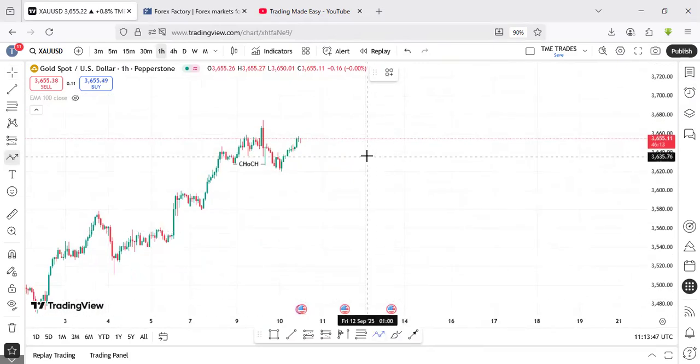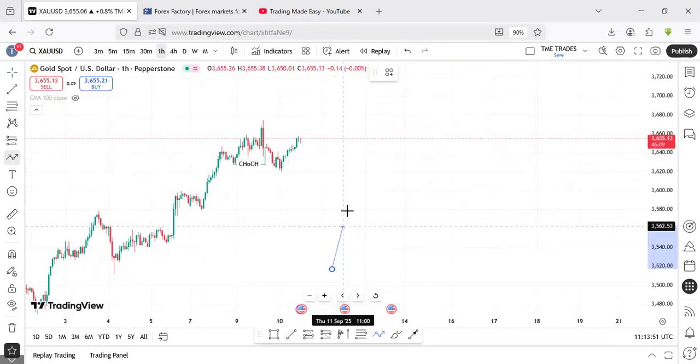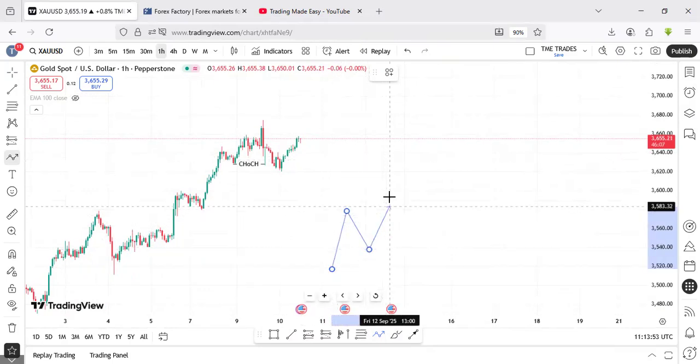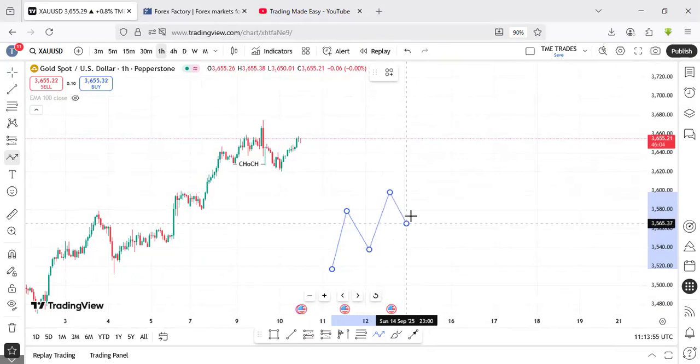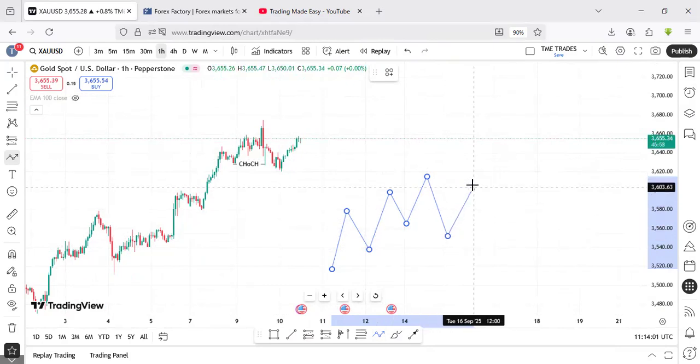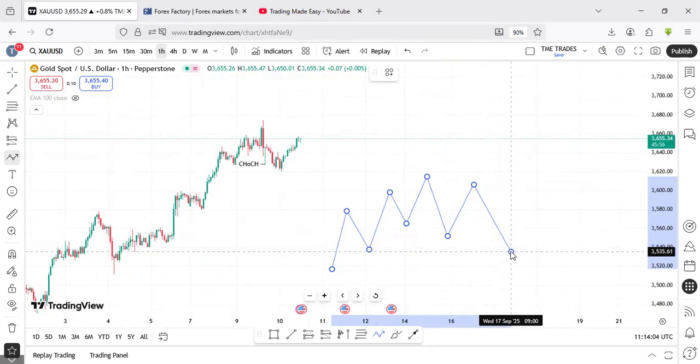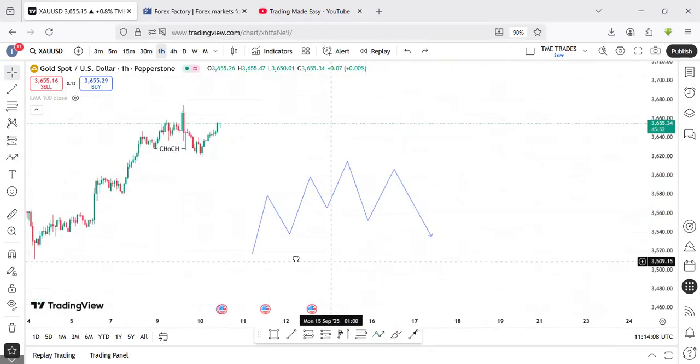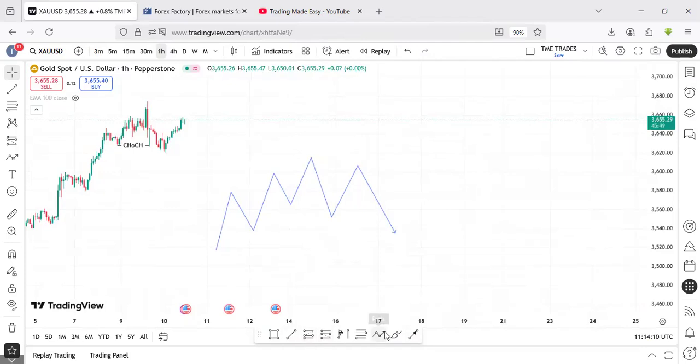Just to add a little confluence to what we just discussed, when the market is in an uptrend, this is what we want to be seeing. We don't want to see the market go below this. Once it goes below this, the trend has changed. But the market could create something like this, which is also good for a trend.